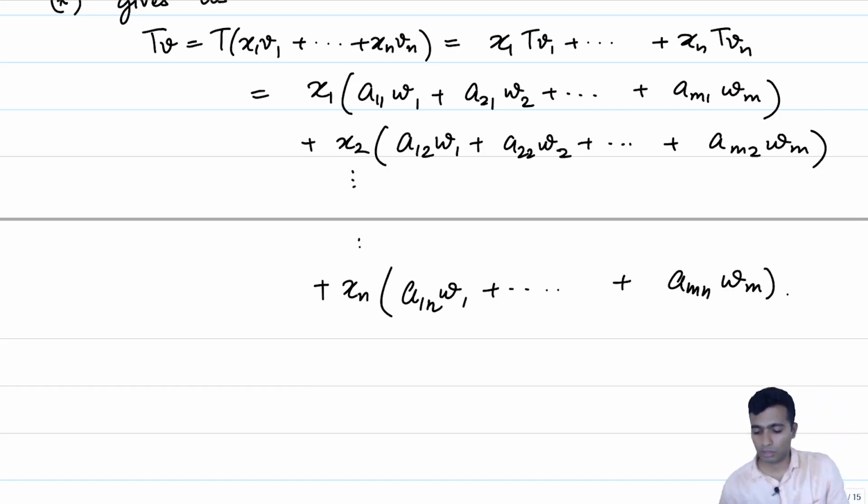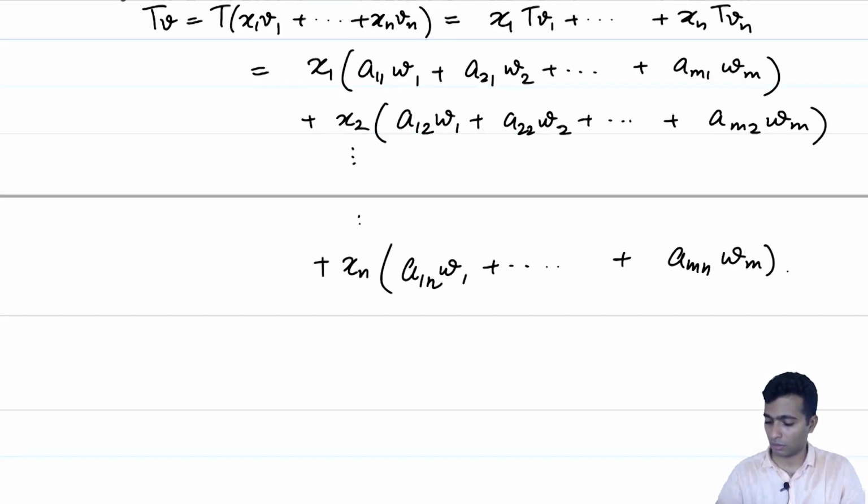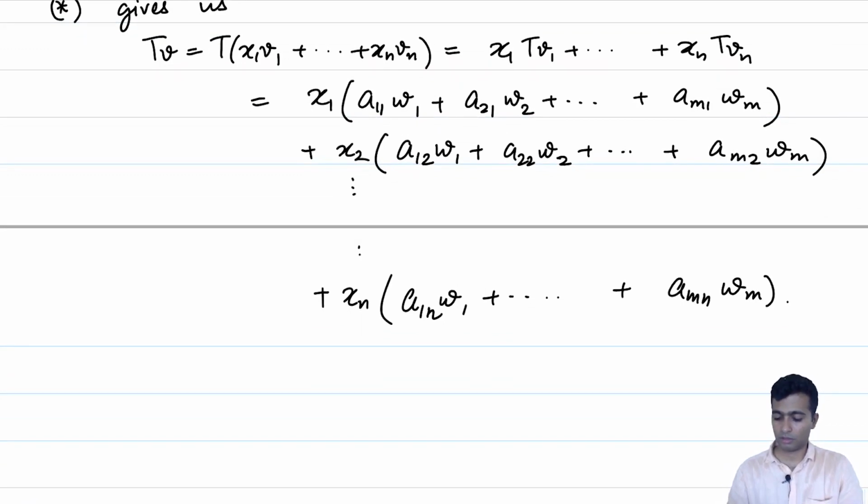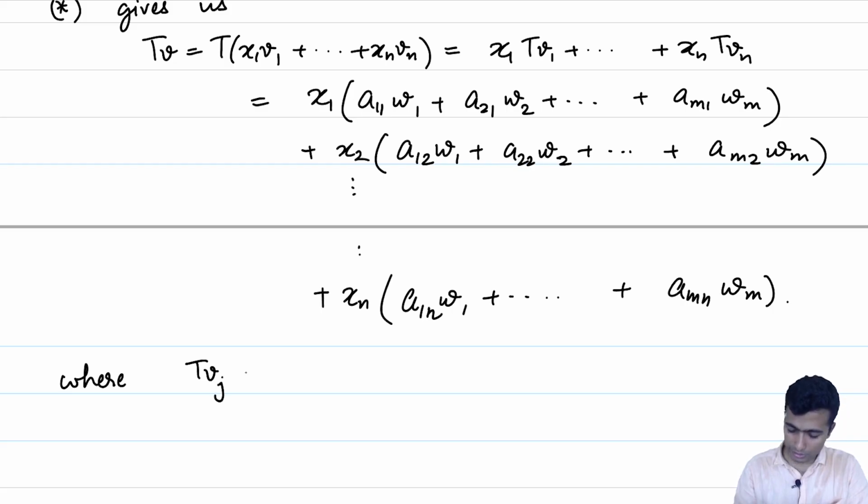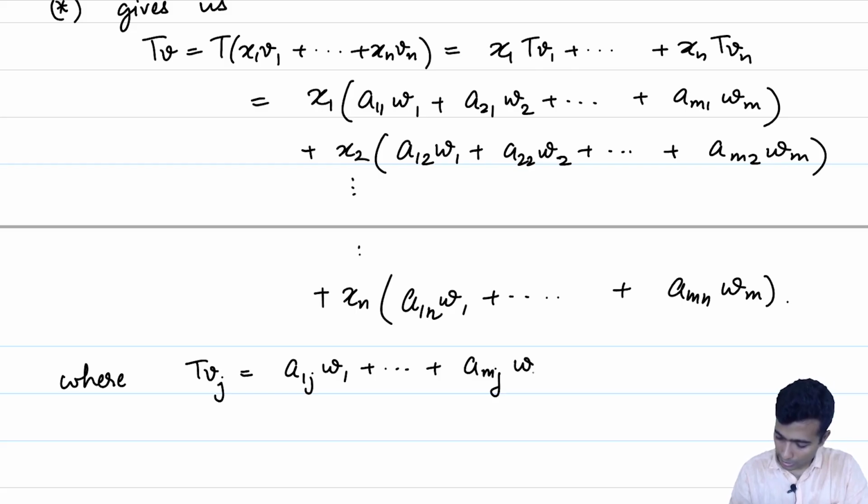This is how TV can be written. So, let me just write down, TVj is equal to A1j W1 plus dot dot dot Amj Wm.